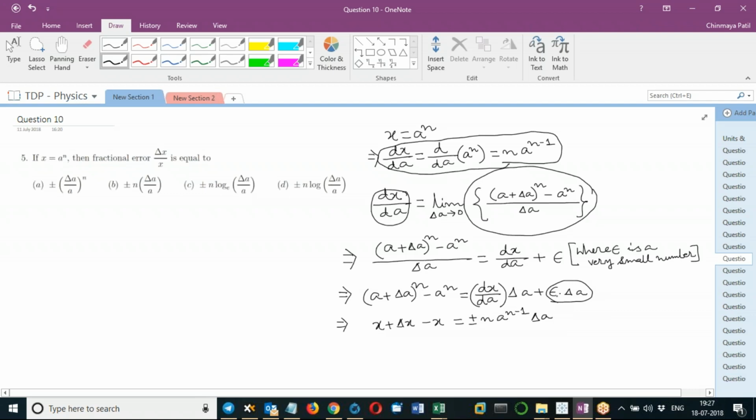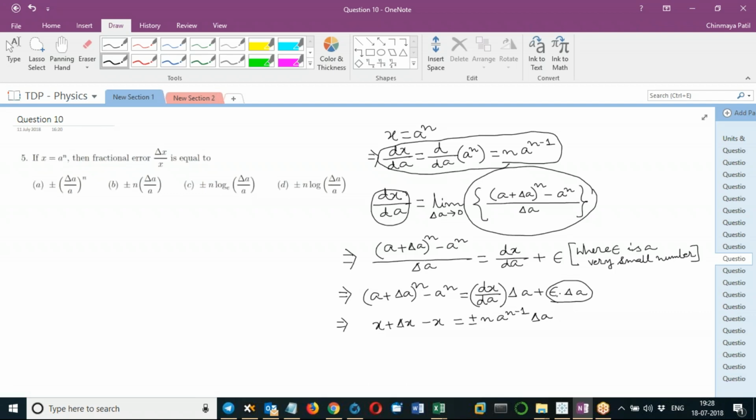If we multiply two small quantities, we get something even smaller, so from an approximation point of view we can ignore epsilon into delta A.